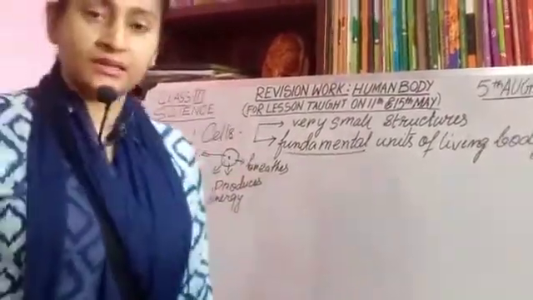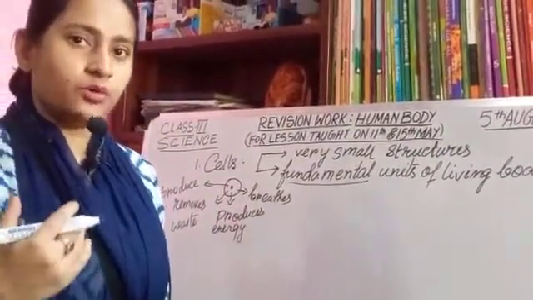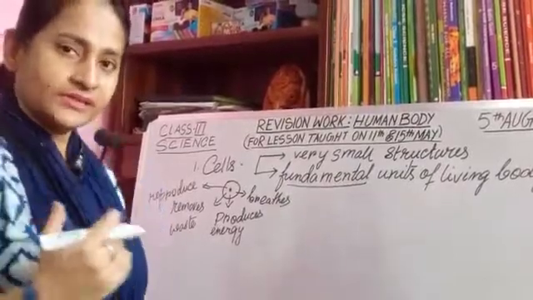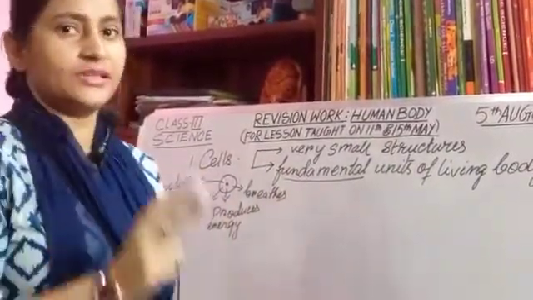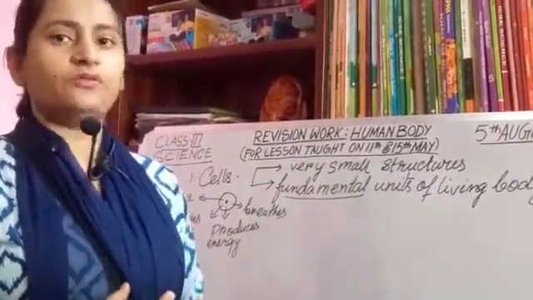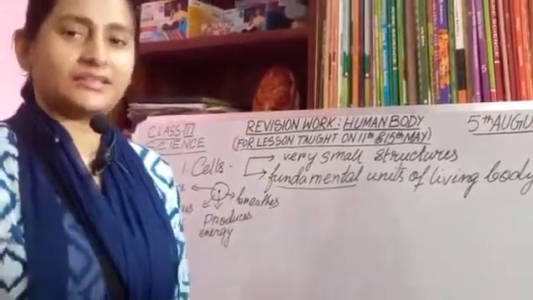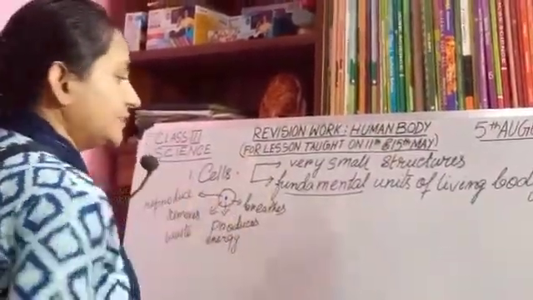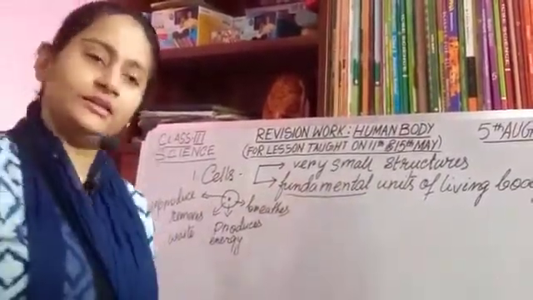A cell divides to give rise to more of its own kind. So we can see a single cell can perform all the vital activities of life, and the functions of our body are nothing but the outcome of cellular activities. That is why a cell can be called the fundamental unit of a living body.